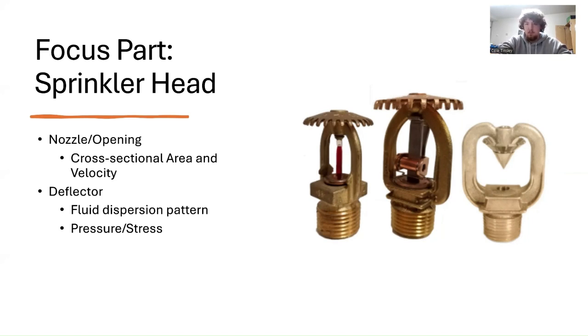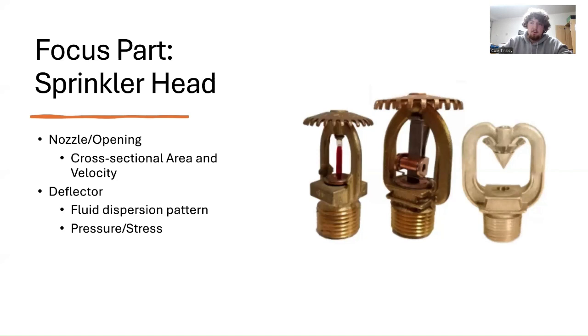The one on the left and the one in the middle in this image would be spinning, and as the water hits it, it would spin and disperse the water in a circle. The one on the far right is not in the system that we're thinking of. That one would be from a deluge system, not a wet pipe system.